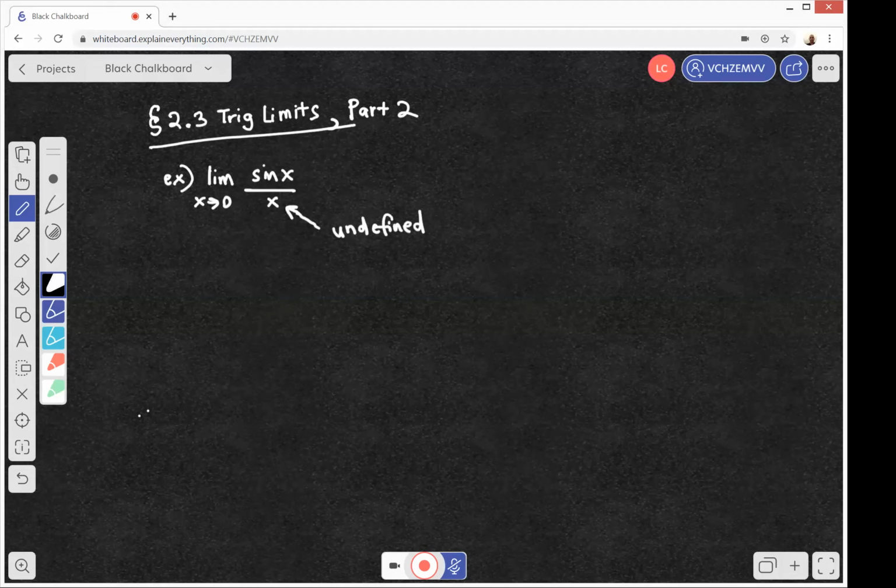You cannot have 0 in the denominator, otherwise the function is undefined. But the question that we're asking is, let's get close to 0. What happens when you approach 0 as close as you can? And you saw on the graph that we got close to 0, and the value that we were approaching is 1.